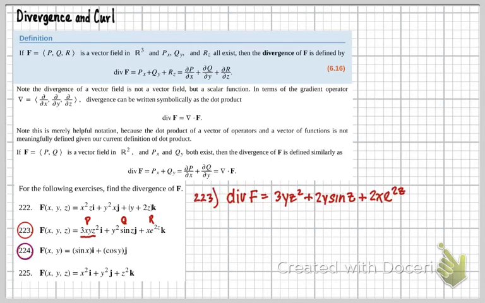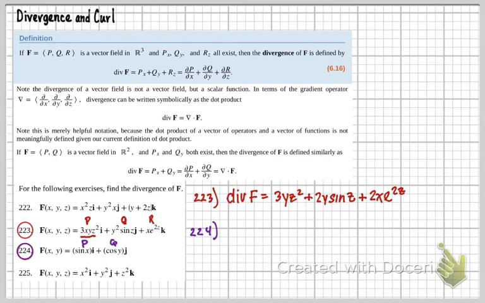Now let's take a look at 224. 224 is a two-dimensional divergence of F. This is my P, this is my Q. If you look down at the bottom here, it says, note, this is merely helpful notation because the dot product of a vector of the operator and a vector of the function is not meaningful given our current definition of dot product.